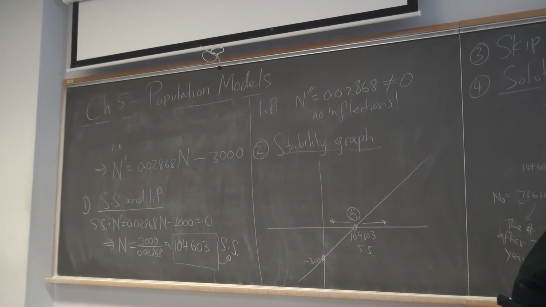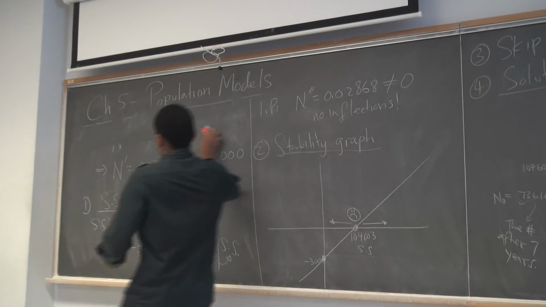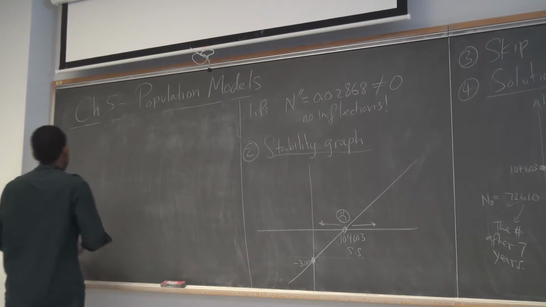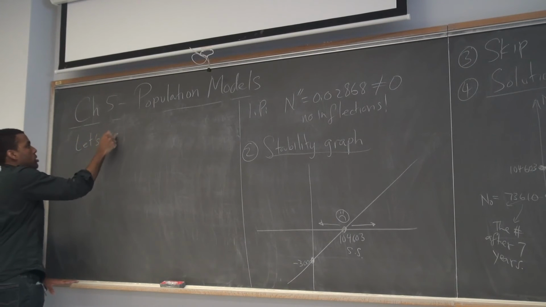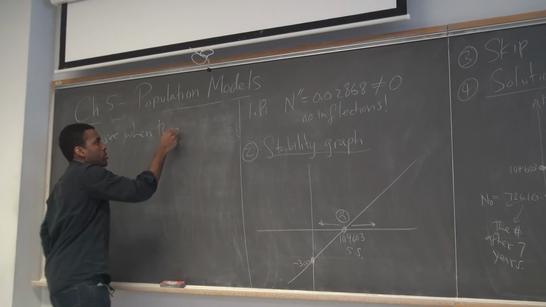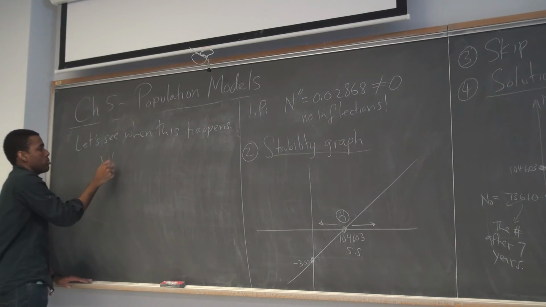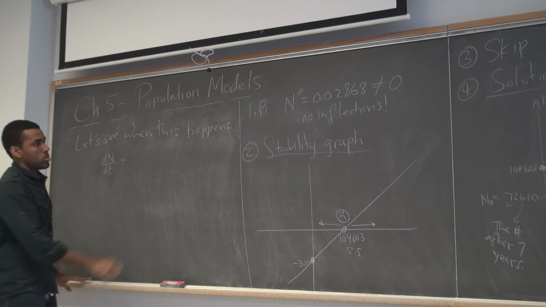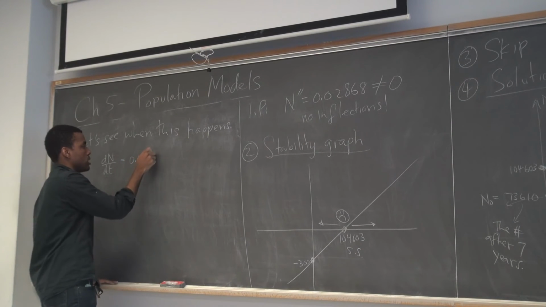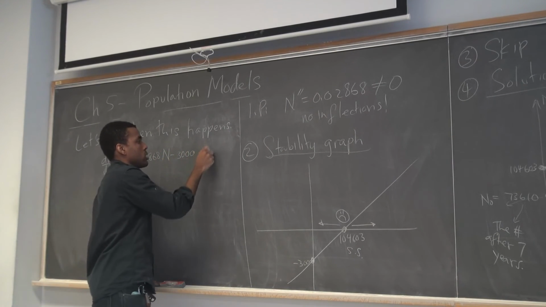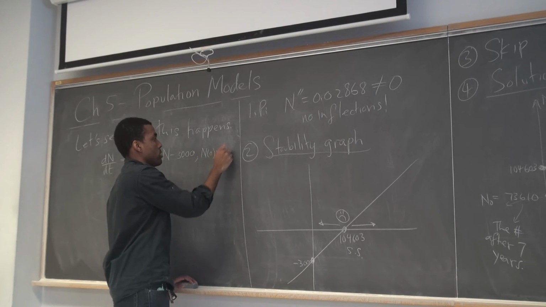So this was part A, I believe. Well, it's not really labeled part A and B. So we have n prime, well, let's call it dn dt equals 0.02868 n minus 3,000, where n of 0 equals 73,610.